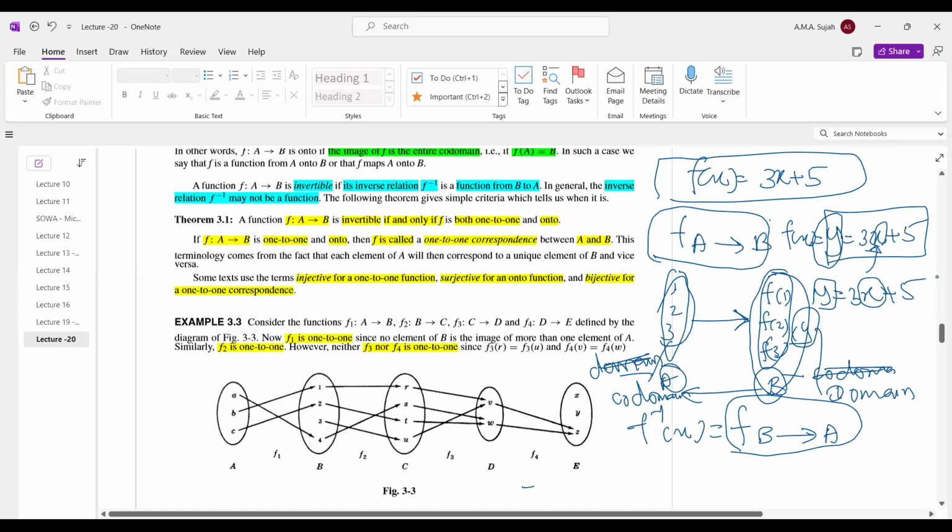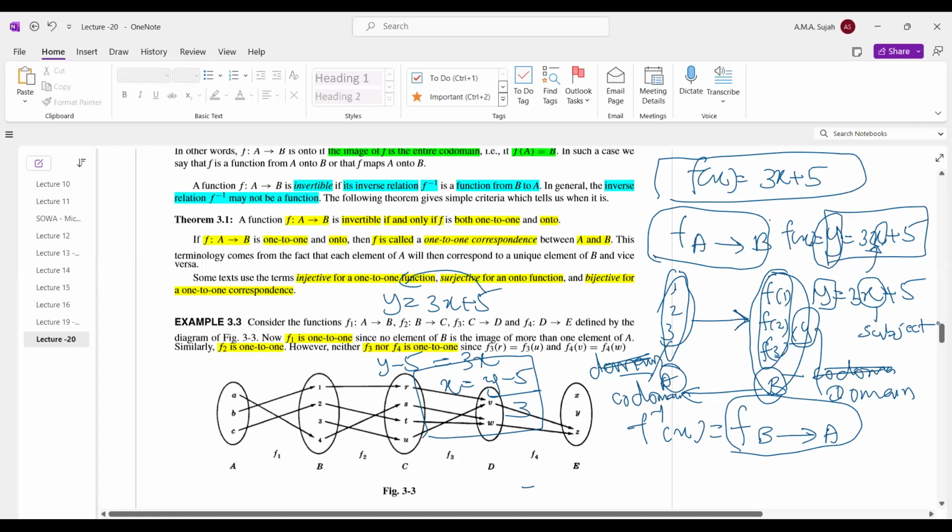Now we need to change the subject to x, so x is the codomain. We have y is equal to 3x plus 5. Moving the 5 to the other side, y minus 5 is equal to 3x, then x is equal to y minus 5 over 3. So this is the inverse equation.